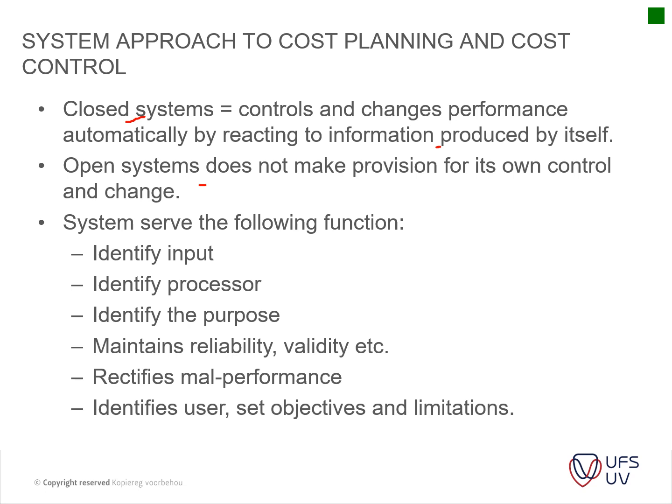Your open system doesn't make provision for internal control. It is usually when you've got a client who's got a lot of money who doesn't really care, so it's a bit more open, and you're not constantly trying to look at the cost. You just do the design and you do the cost, and you continue with that. You don't go back to the drawing board and see if you can improve the design to bring down the costs.